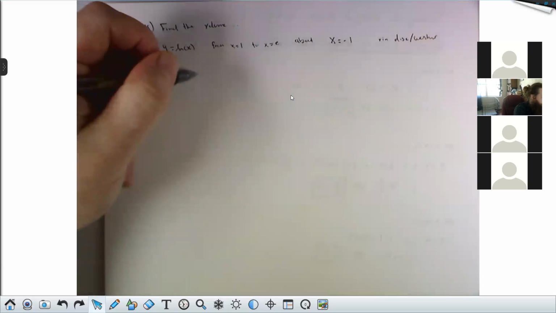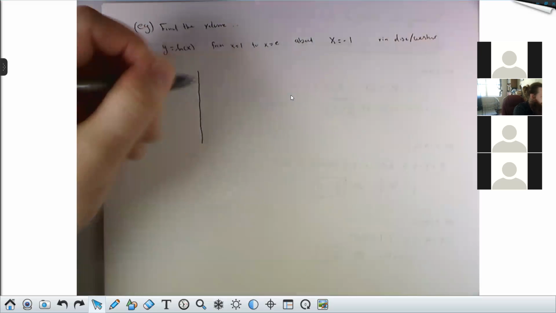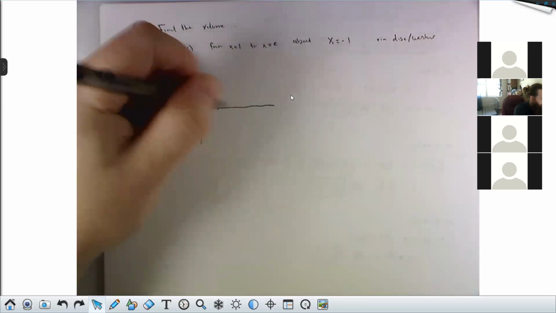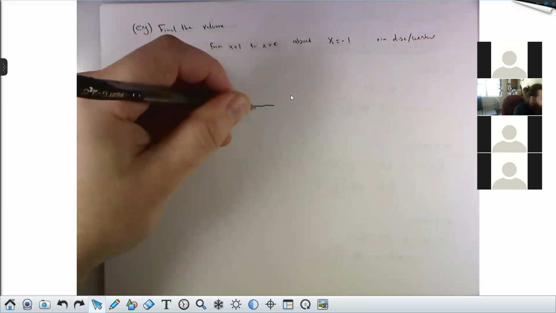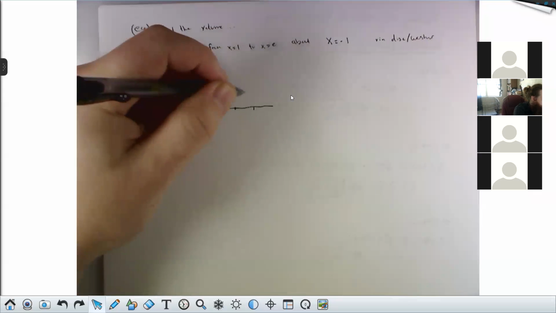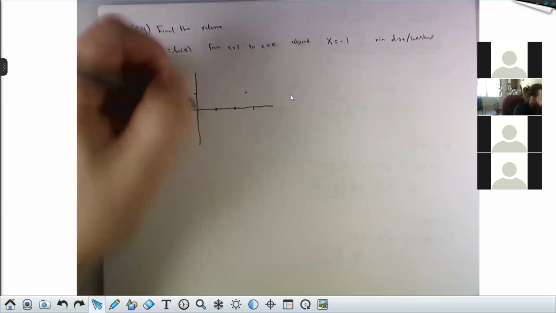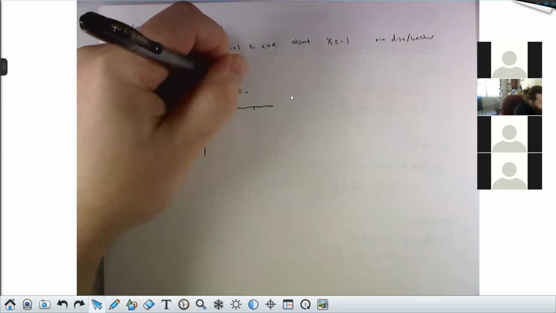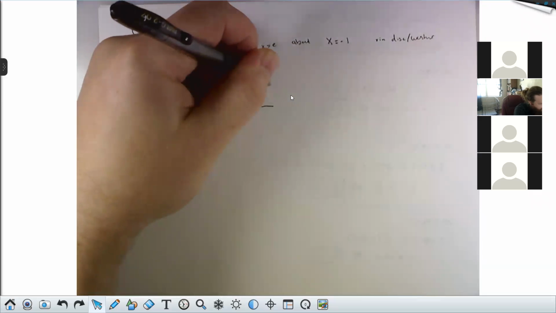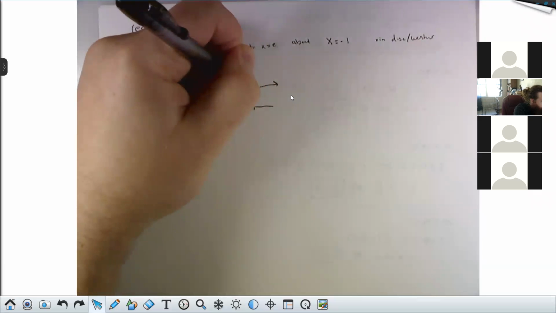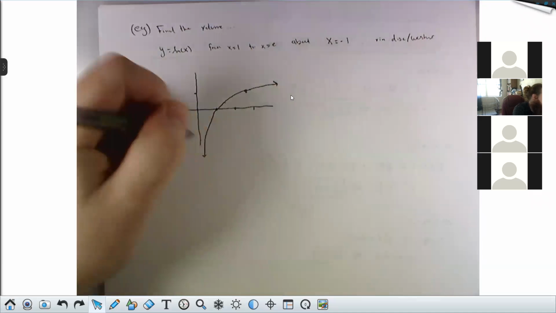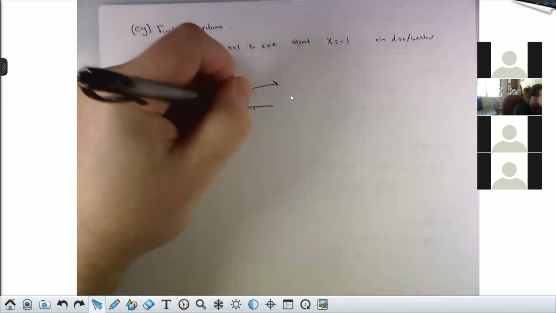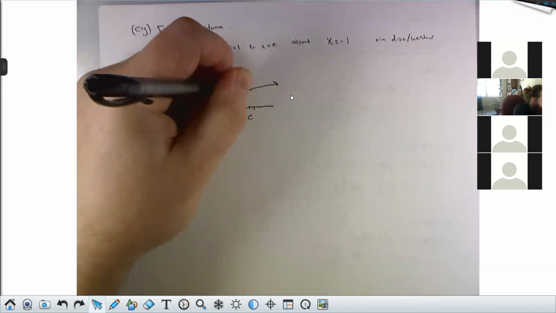So you begin with a sketch of your boundary curve. You've got to identify your region. Here's what the natural log function looks like. This is x equals 1. This is x equals e.